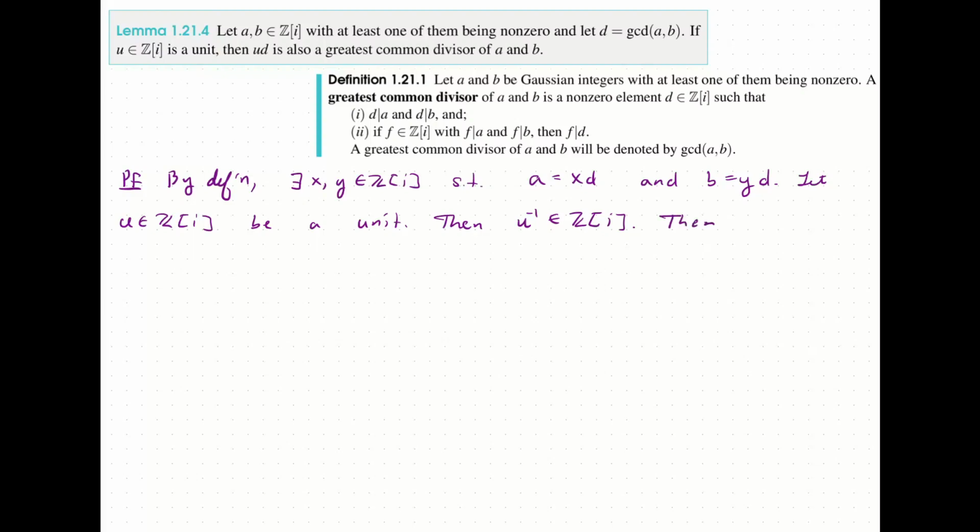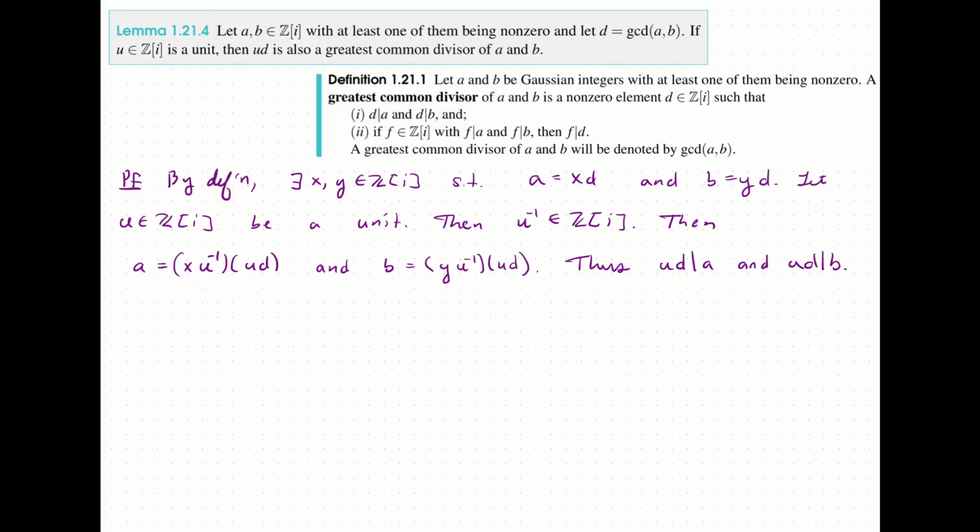Then A is equal to x times U inverse times U times D, and here we're using the fact that U inverse times U is equal to 1. Similarly, B is equal to Y times U inverse times U times D. And so thus, UD divides A and U times D divides B. So we have established this part of the definition for U times D.